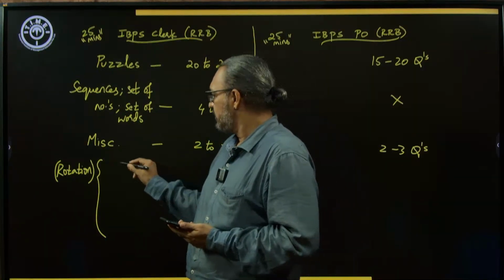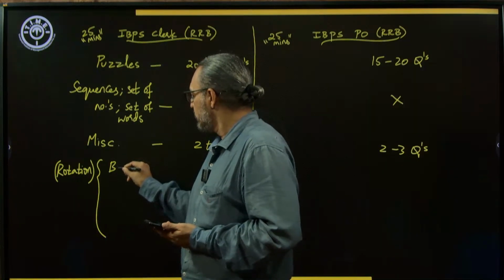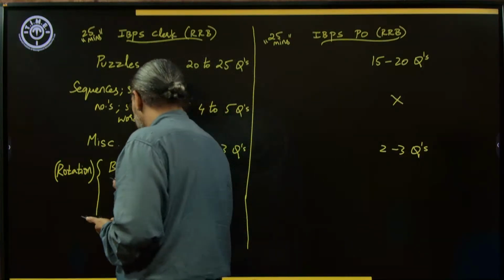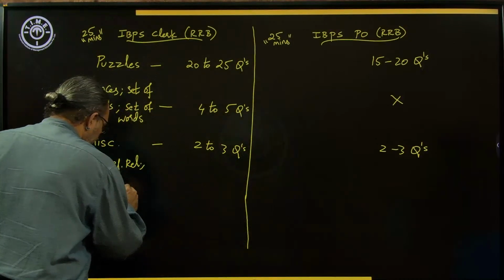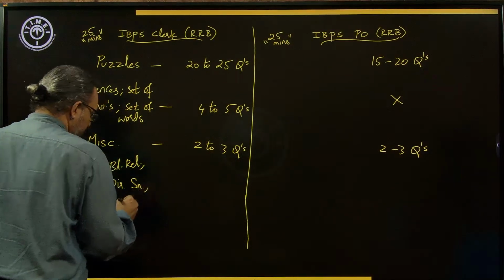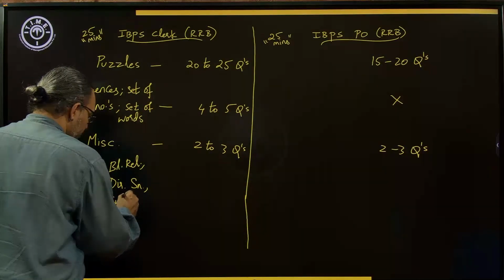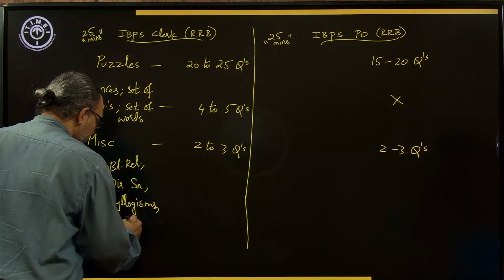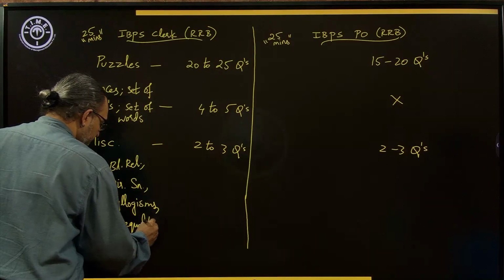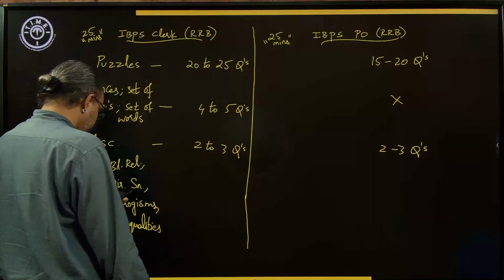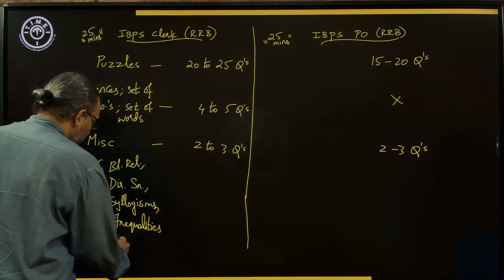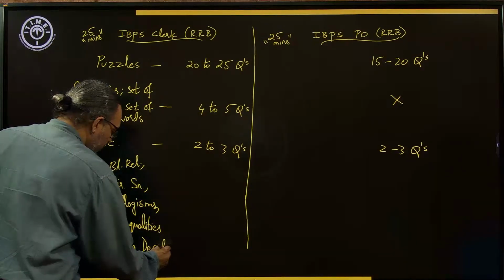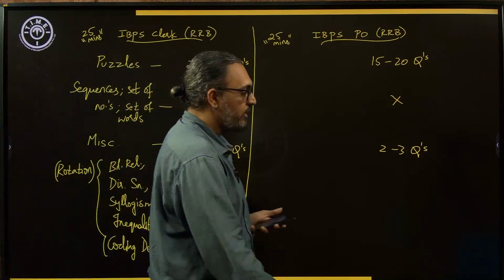So under rotation you have topics like blood relations, then you have direction sense, then you have syllogisms, then you have inequalities, and then you also can have coding decoding. So these are what we call as rotation topics.